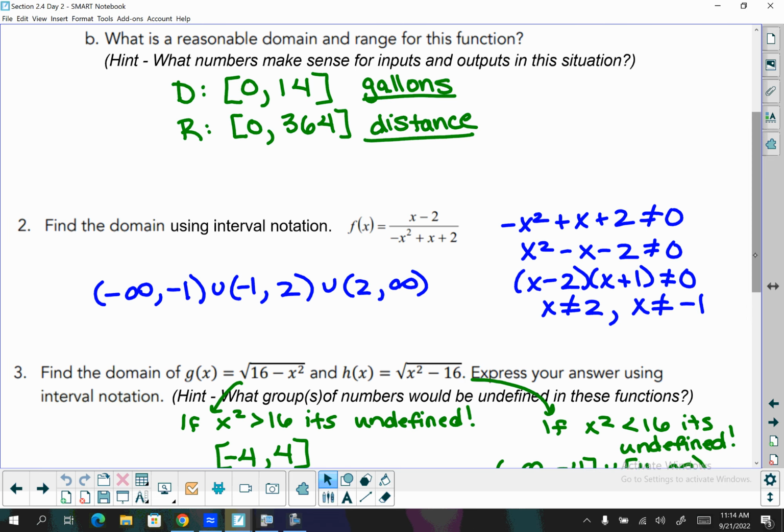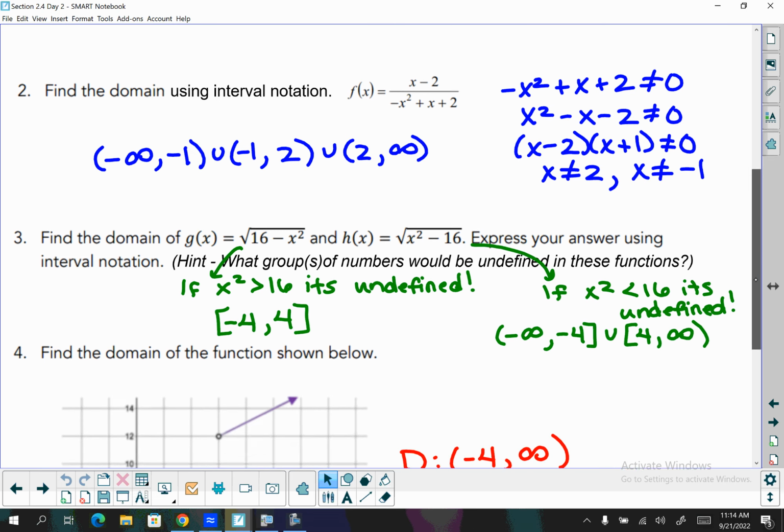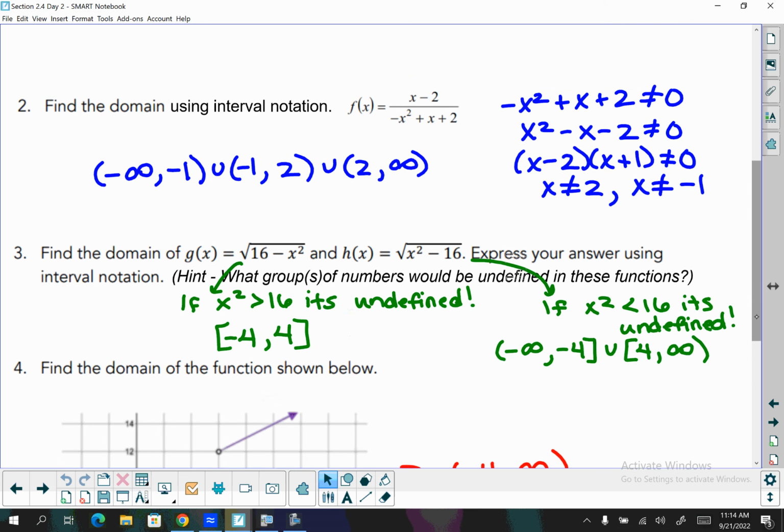Okay, number 3, I would call this an advanced level domain type question. It's very difficult to solve for the domain when you have squareds and you have an inequality. So what I would steer you towards is to think about what kind of x values would give you negative numbers underneath here.